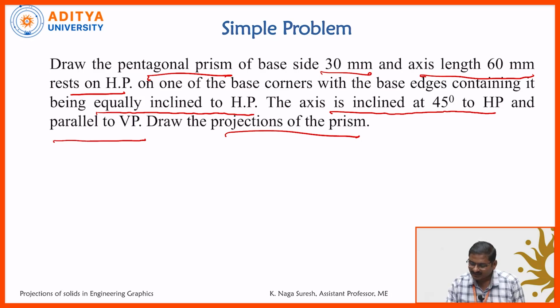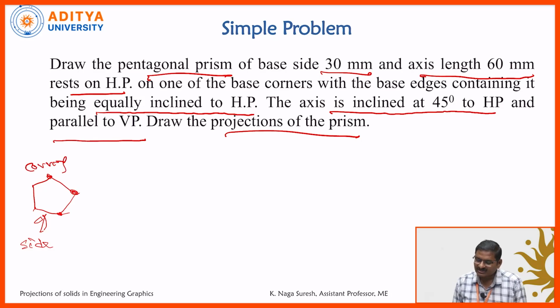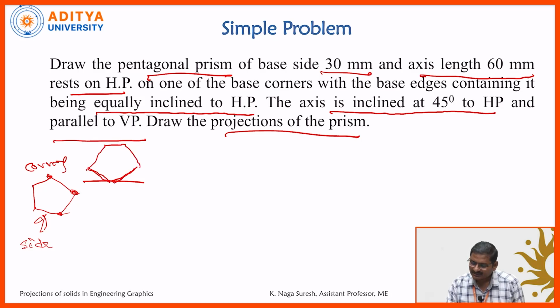Here this is the pentagonal plane, with its sides and corners. It is resting on one of the corners, with the base edges containing it being equally inclined. That means it is placed on one corner, and the two edges are equally inclined: this is the theta angle, and this is also theta.